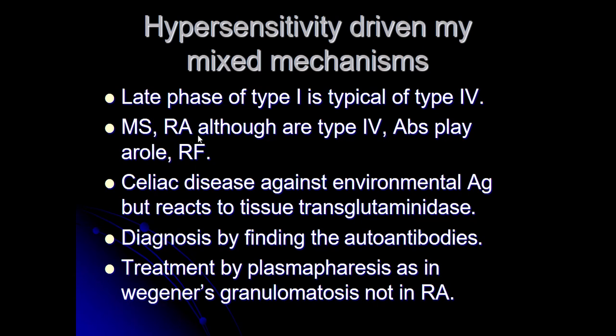Multiple sclerosis and rheumatoid arthritis, although they are type 4, antibodies play a role, like, for example, the rheumatoid factor, where they develop an IgM antibody against IgG. And celiac disease, for example, is against environmental antigens, but they react to tissue type.